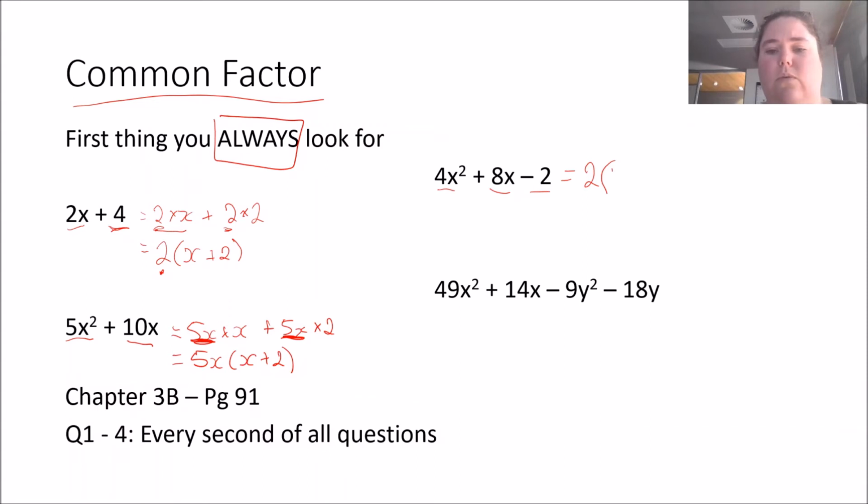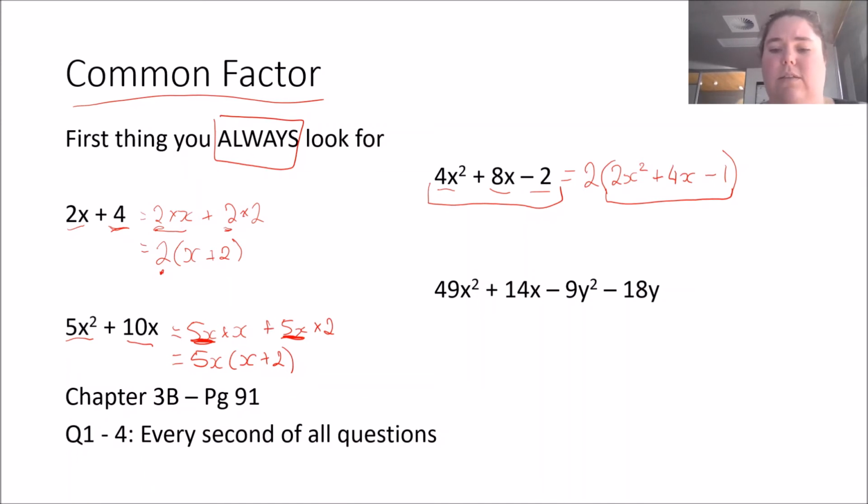Well, 2 times 2 gets me 4, then I need my x squared. 2 times what gets me 8x? 2 times 4, and then I need my x as well. 2 times what gets me negative 2? Negative 1. And that's my taking out a common factor. That's handy because this quadratic would be a whole lot harder to factorize than this quadratic. So we've made it easier for ourselves.